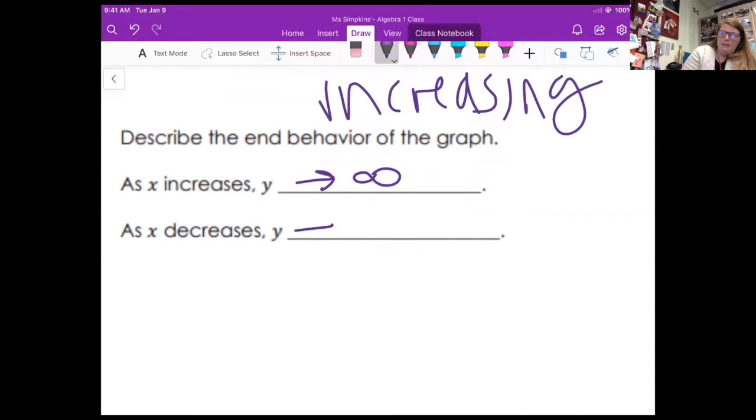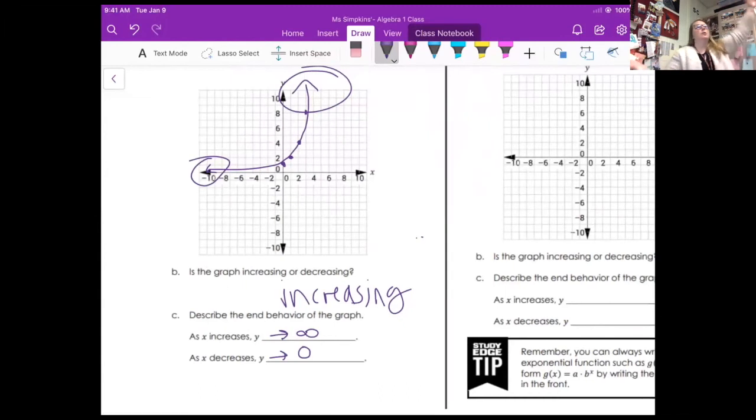So we say that it's going towards 0. Never going to touch 0. It's just going to get really, really close to 0. So when you talk about the ends of your exponential, one of them is going to go to 0. The other one's going to go to infinity. Those are your two options. It's never going to look like this. It's never going to look like this. One is going to be going up and one's going towards 0.